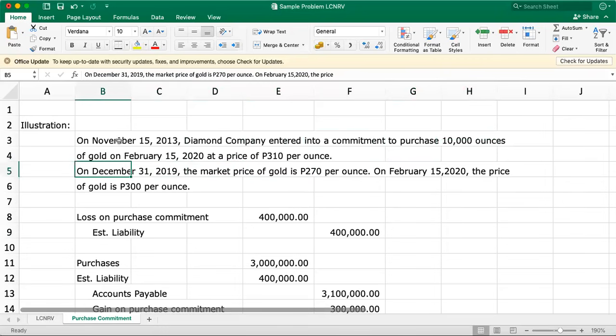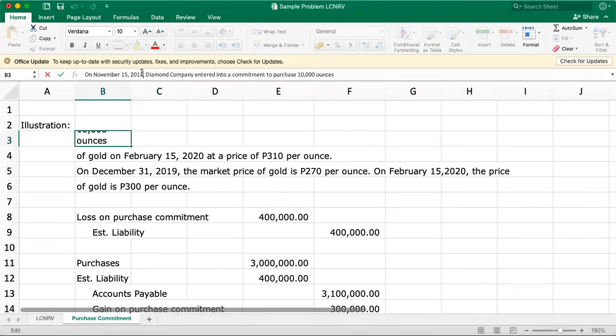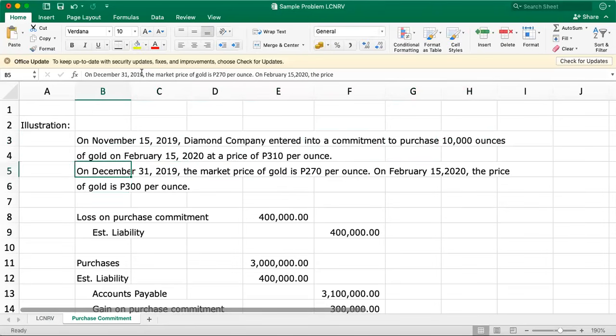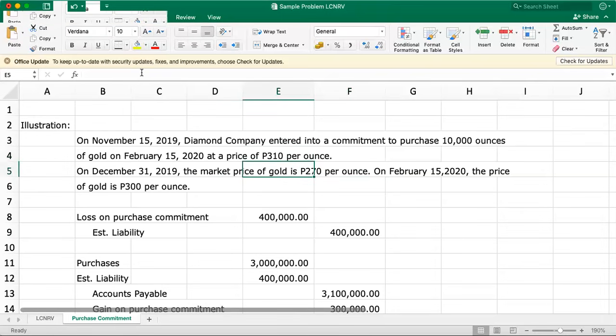So, here comes December 31, 2019. The market price of the gold is 270 per ounce. You committed to 310, then on December 31 the gold became 270. So on your part you lose 40 pesos, because you must pay 310, a fixed price regardless of the market price.